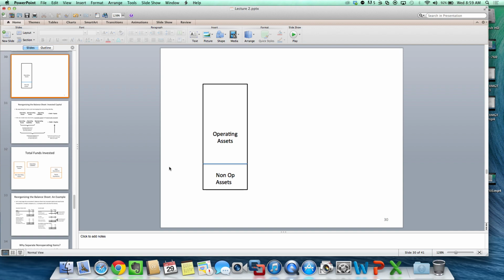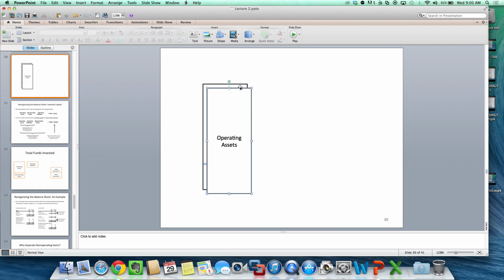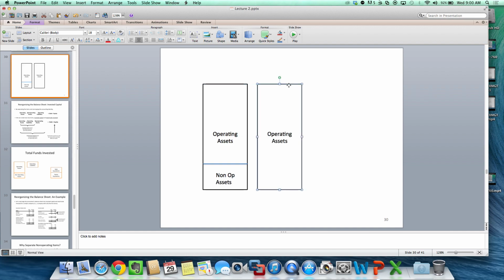Again, what's the idea? The idea is the operating assets support selling products to the customers. The non-operating assets are just other miscellaneous stuff that we own. And we know that a balance sheet has got to balance. I'm going to clone my balance sheet assets, because that is going to equal my liabilities and equity.